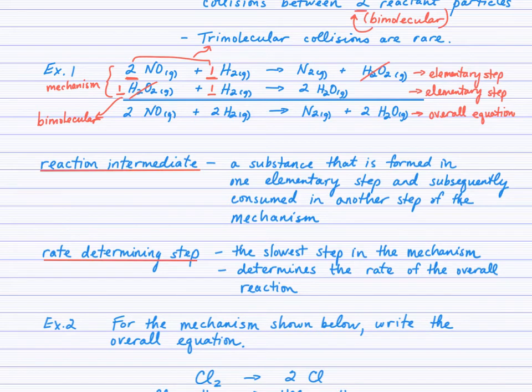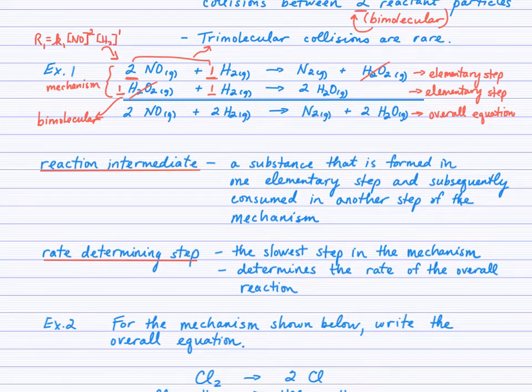So what I'd like to show you is that when we calculate the rate law of an elementary step, we actually use the coefficients in the balanced equation as the exponents. And you're thinking, but wait a second, we weren't supposed to do that before.